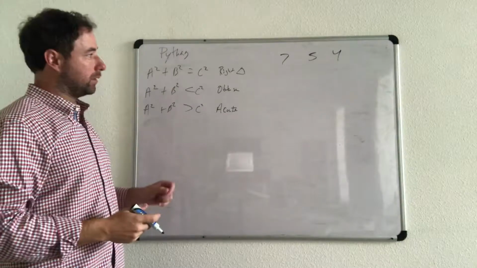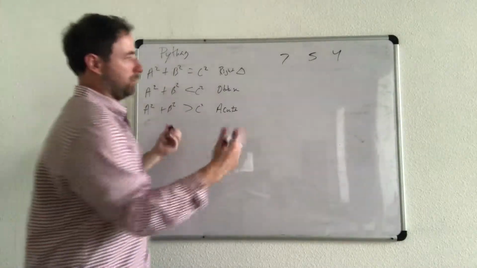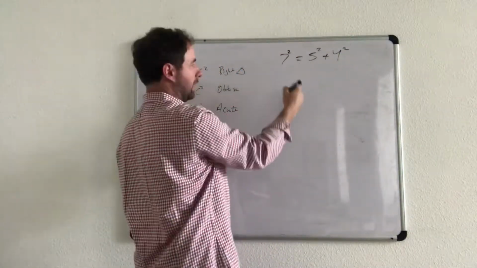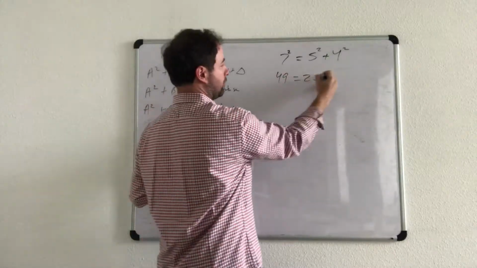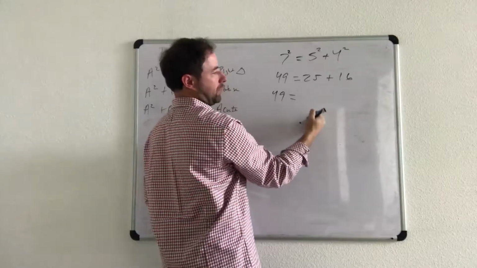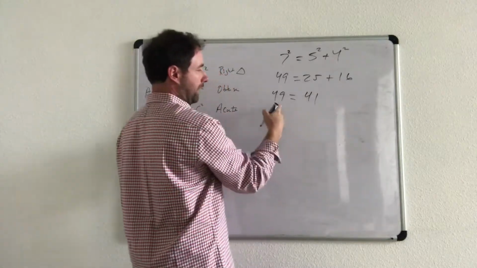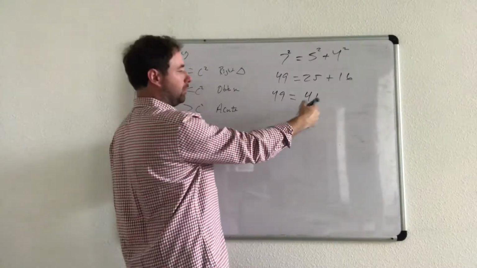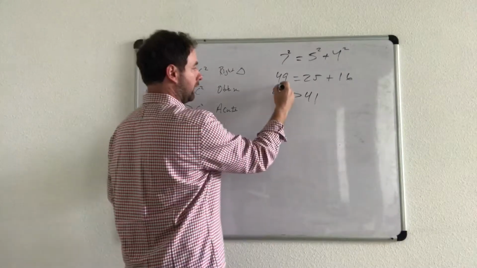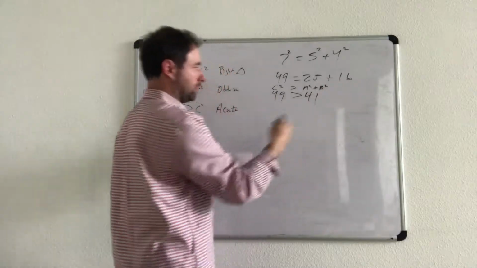What you do is you square all of these, you put the biggest one on one side, and so you go 49 equals 25 plus 16, which is 41. So what we found was that 49 doesn't equal 41. We found that 49 is greater than 41. So our c squared is greater than our a squared plus our b squared.